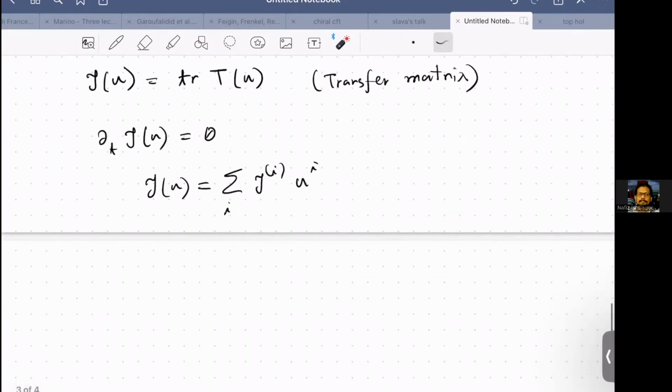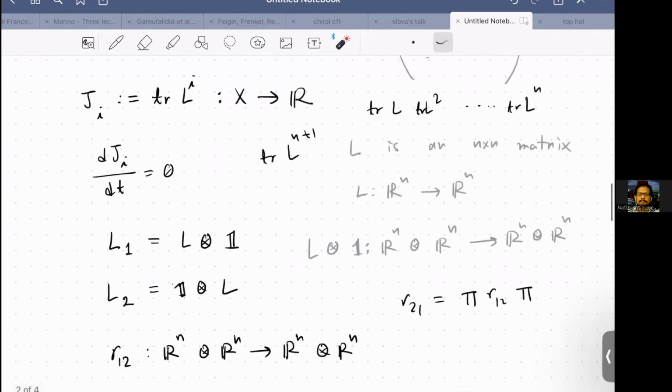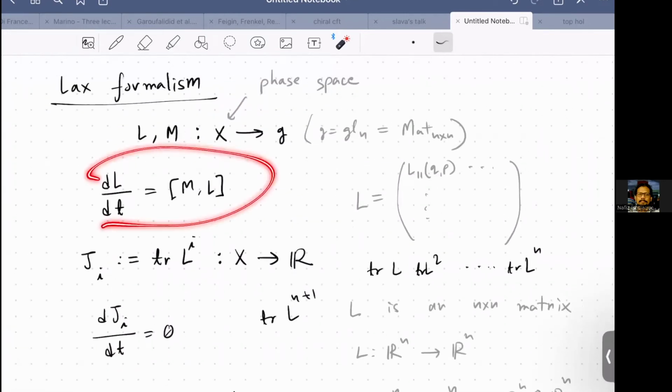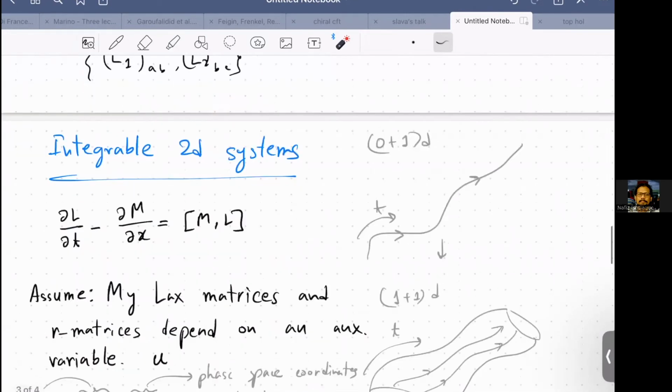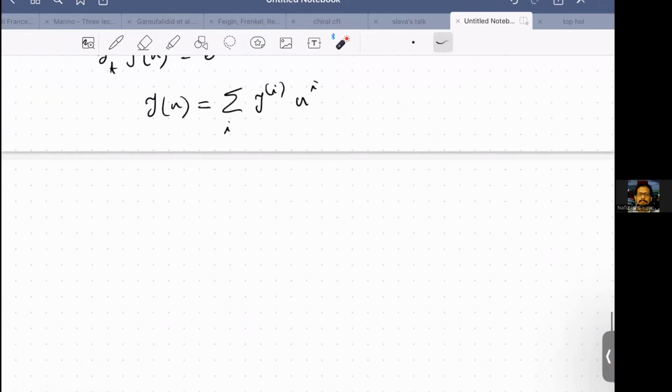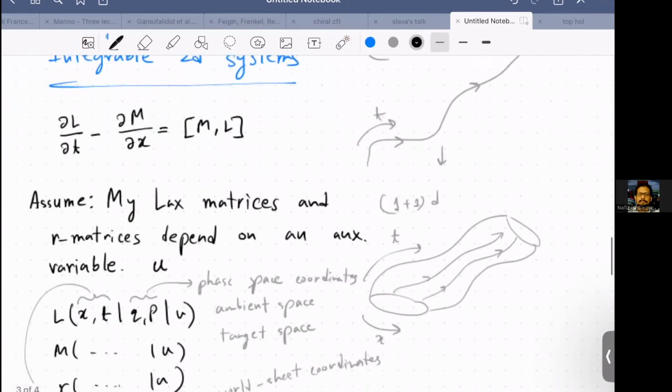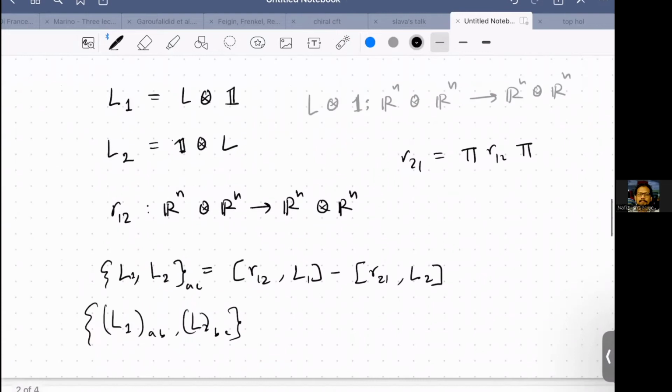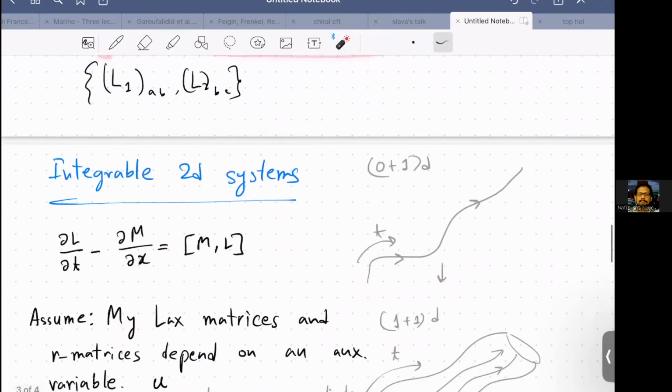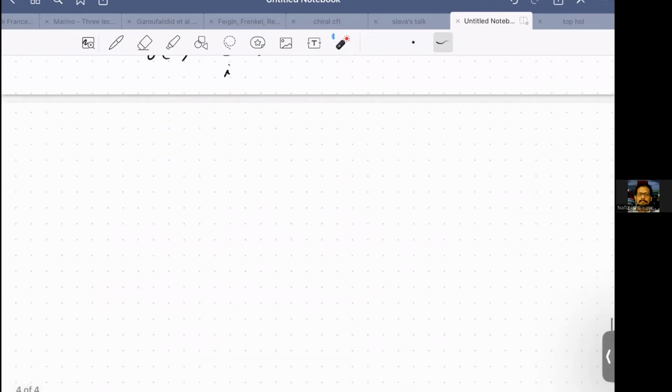Okay, that's fine. We also had a lot of conserved charges from this equation, right? These were the conserved charges. But in order to find integrability, we also have to show that these conserved charges are in involution. And so previously, in order to argue for involution, we had to introduce the R matrix and some equation. And here again, we have to do the same.